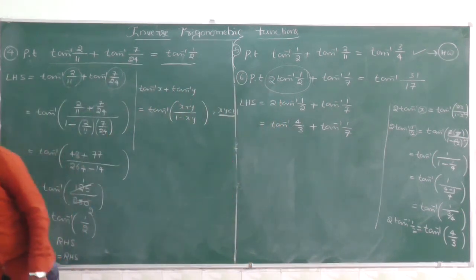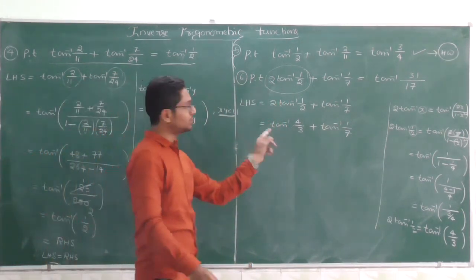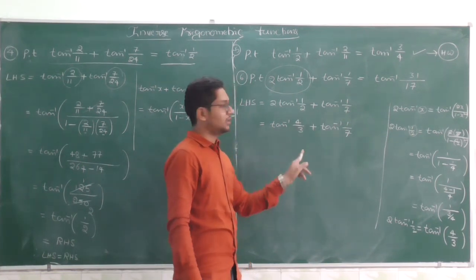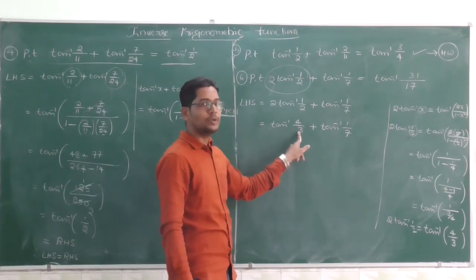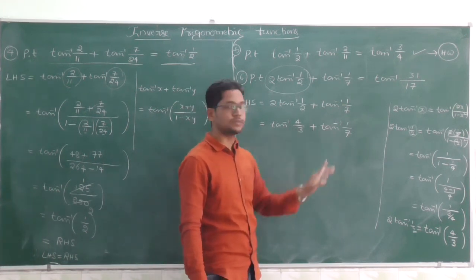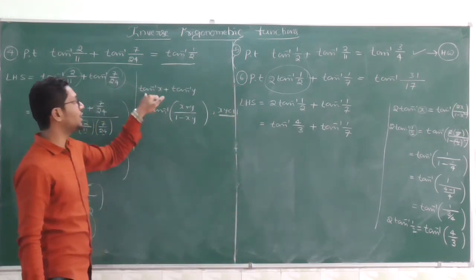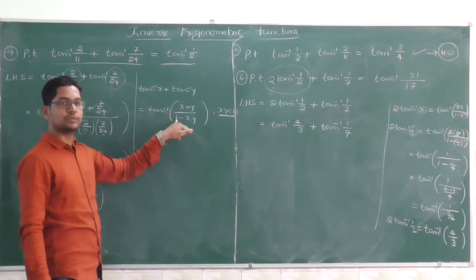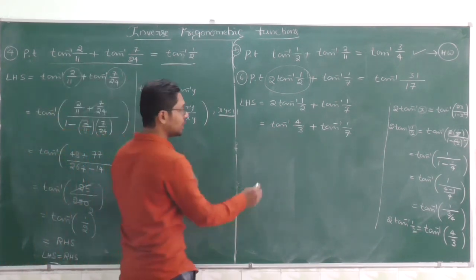Now, we just observe it. It is in the form tan inverse x plus tan inverse y. Apply the property that tan inverse x plus tan inverse y equals tan inverse of x plus y by 1 minus xy.